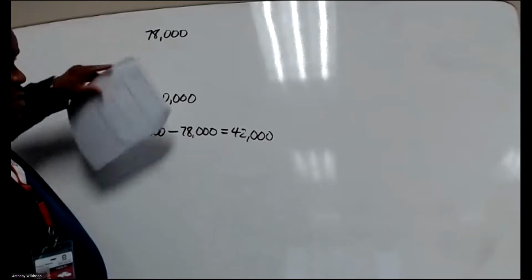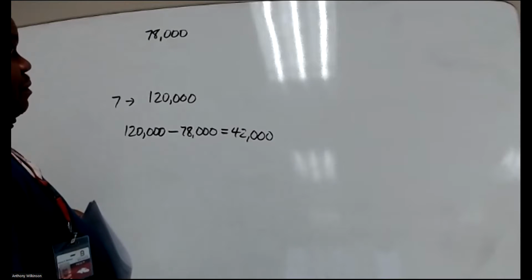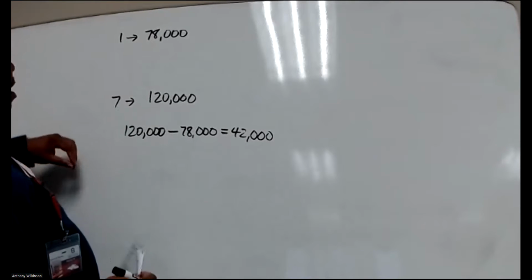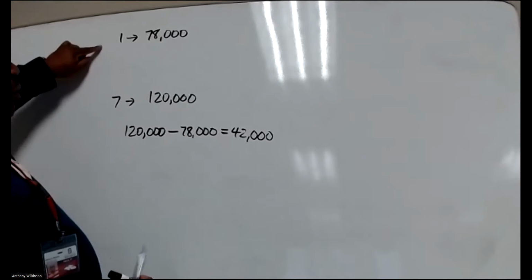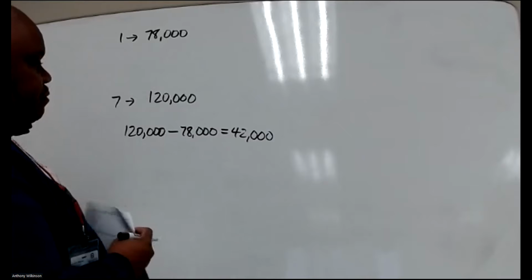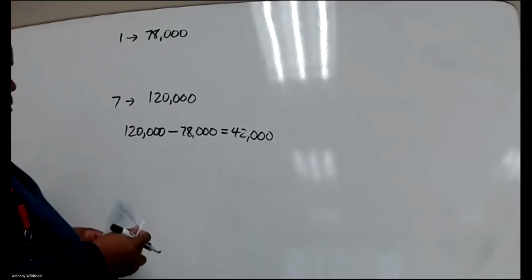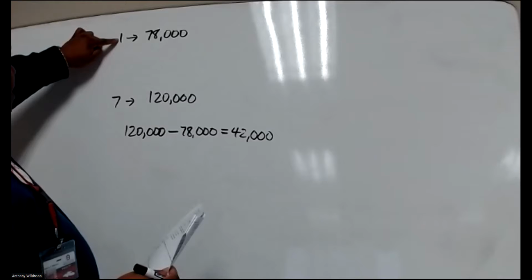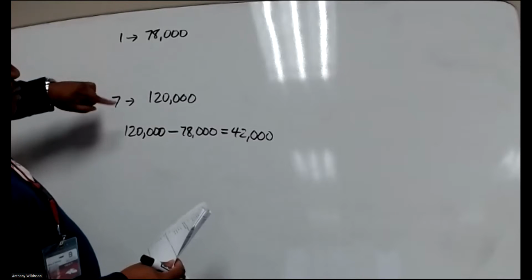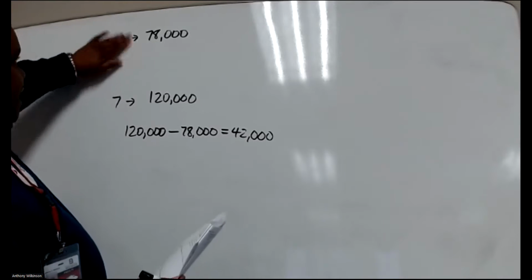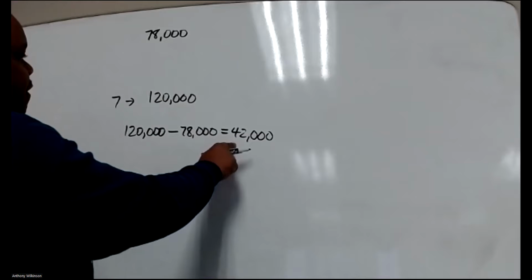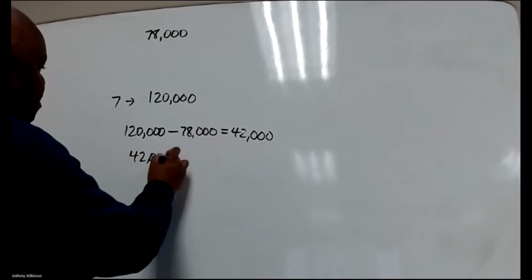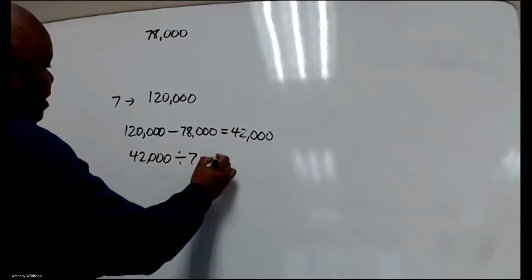So from the first year to the 7th year, it was $120,000. Actually, let's think about this. It's after 7 years, let's not forget that. 42,000 divided by 7 is 6,000.